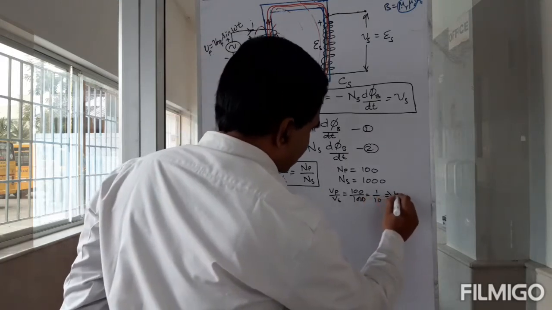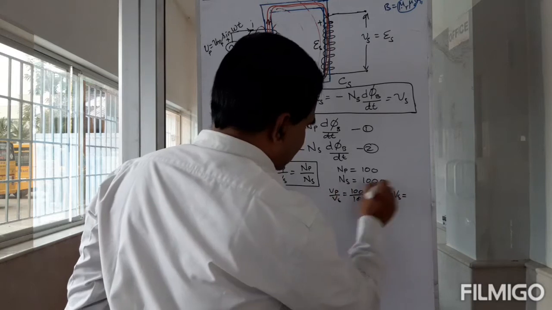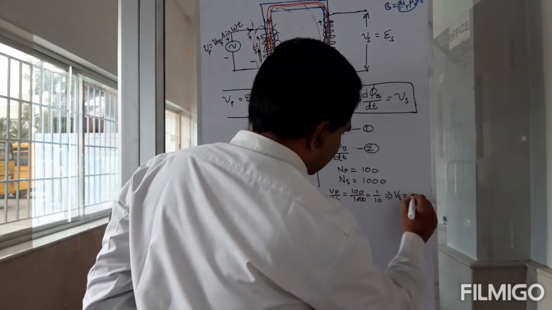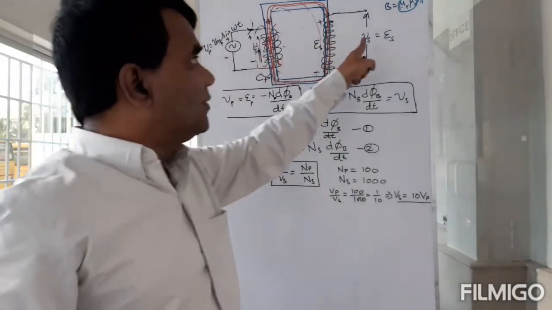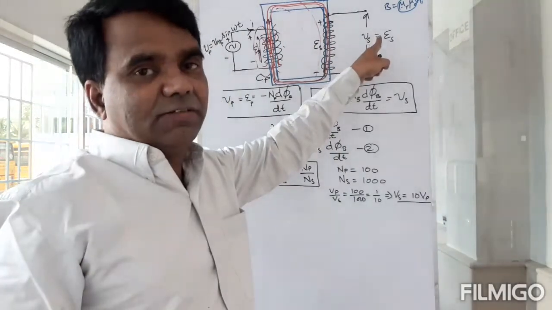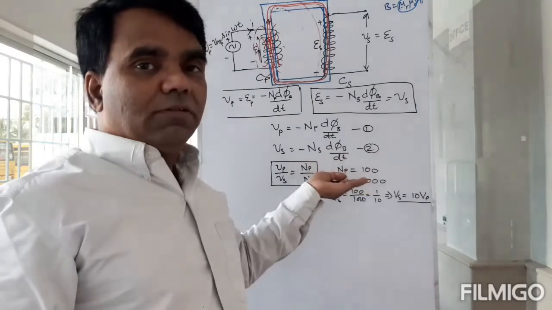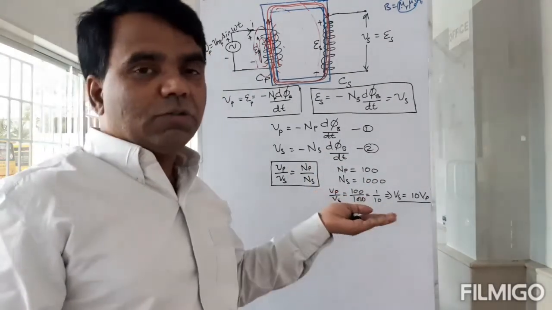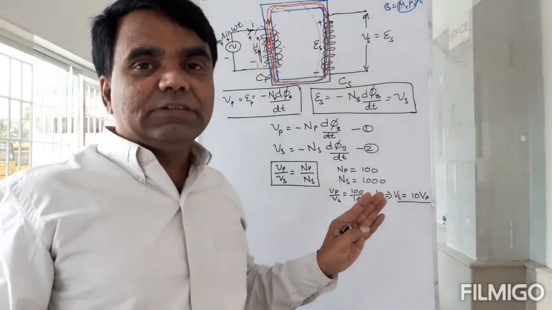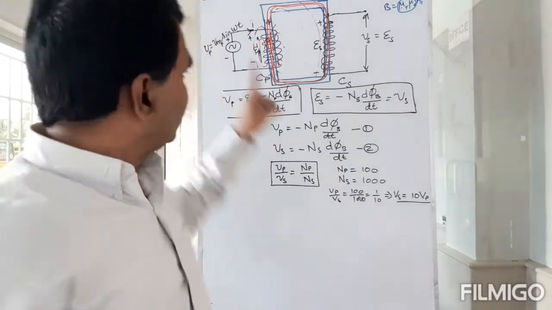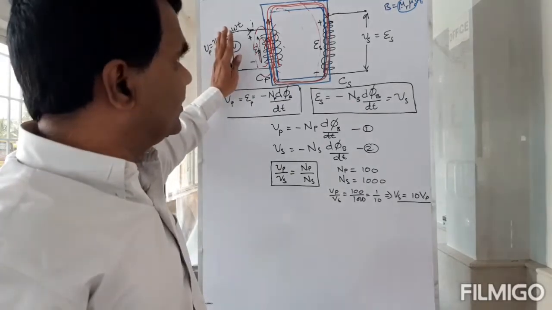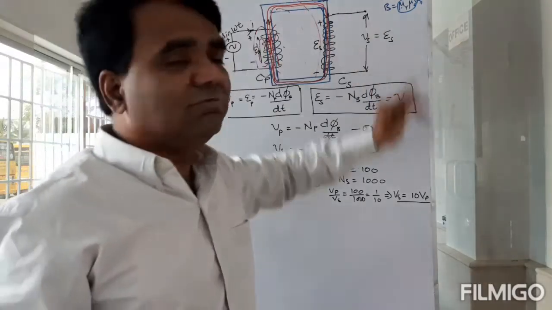Vs is equal to 10 Vp. So whatever voltage I give here, it will become tenfold on the other side. So now the output voltage is in my control. I can get any voltage I want, provided given any voltage, I can convert that voltage into any.